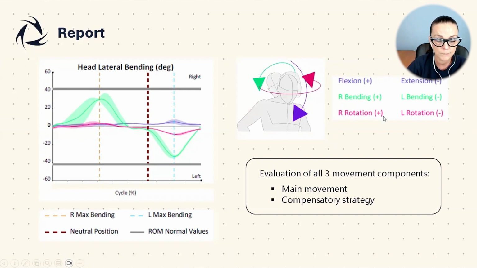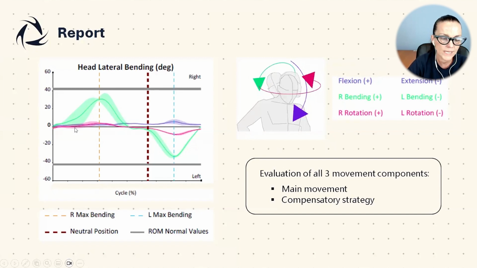By convention, the positive or negative sign is associated with the execution of the movement in one direction rather than the opposite of the specific plane. For example, if we look at the pink line related to the rotation, the positive value identifies a rotation on the right, and the negative values identify a rotation on the left.